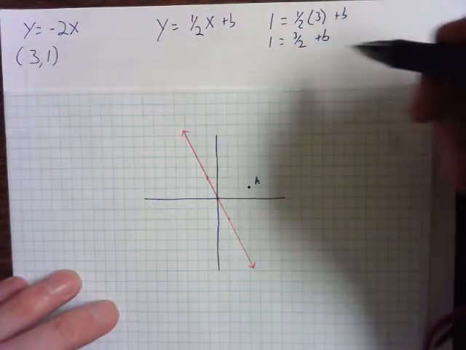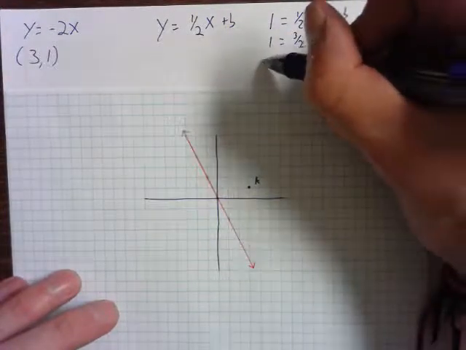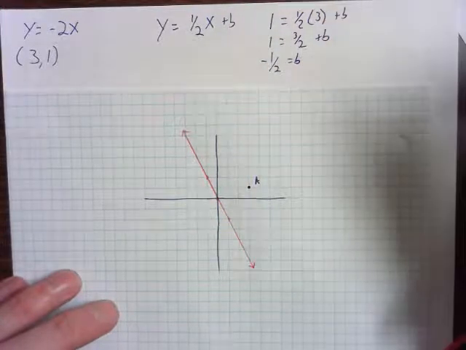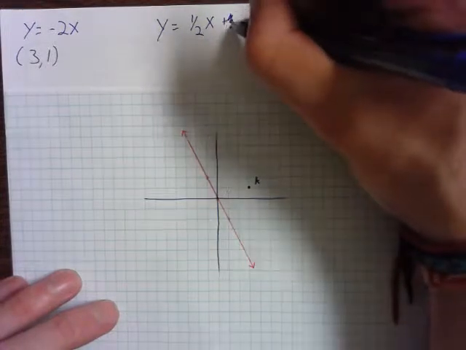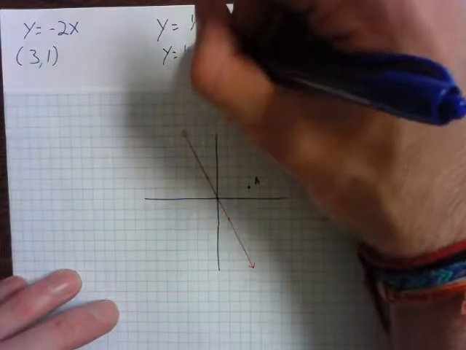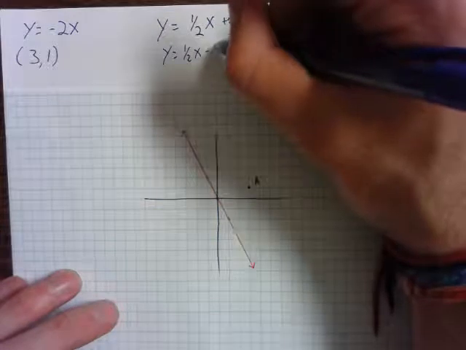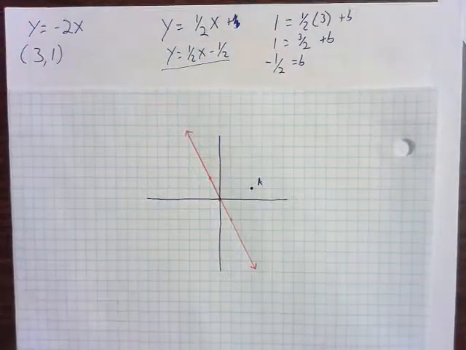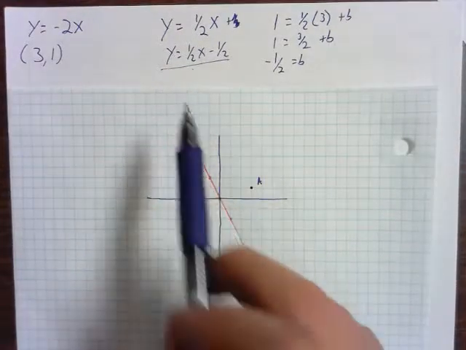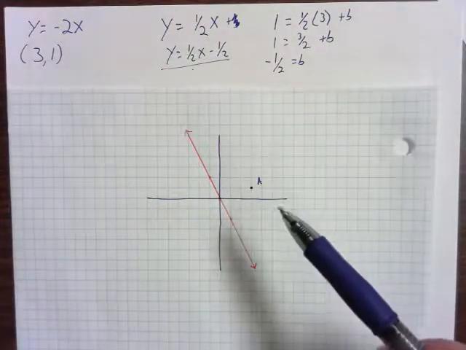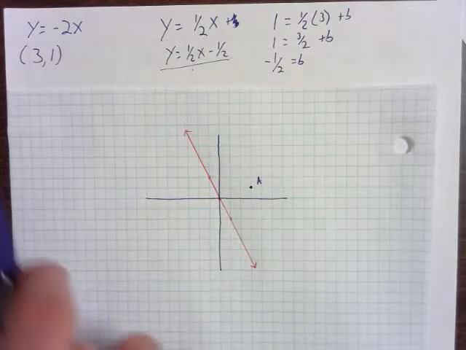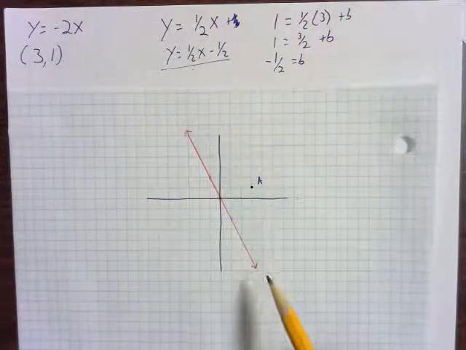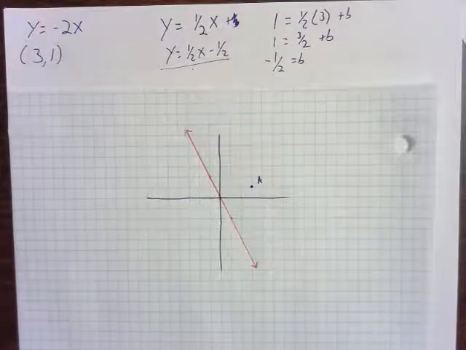Okay, and I can subtract 3 halves, and so I'll get negative 1/2 equals b. So then I know that my equation will be y equals 1/2 x minus 1/2. Okay, so I know that this line right here will go through my point, and it will be perpendicular to this line that I'm reflecting over.